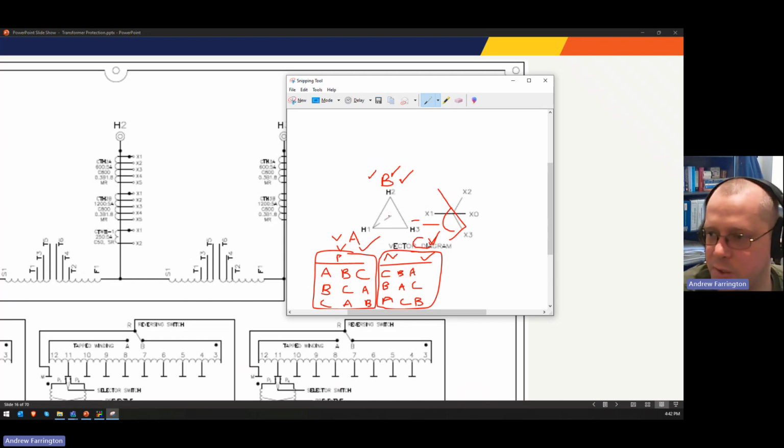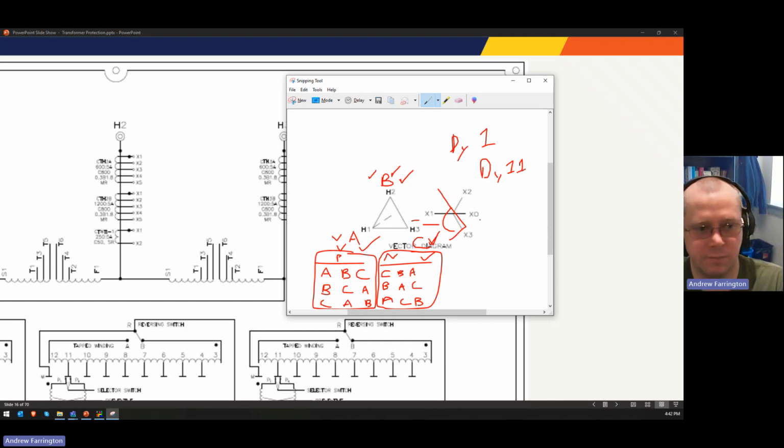So instead of, in this case, Dy1 lagging by 30 degrees, it would be converted to a Dy11, and the low side would lead by 30 degrees. So it changes that phase shift. Okay. So this is really important. This is super, super important. You need to understand this.